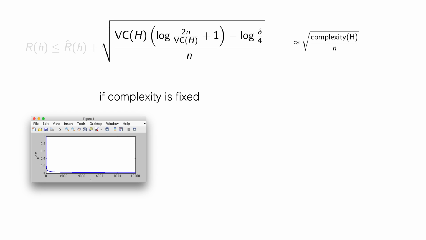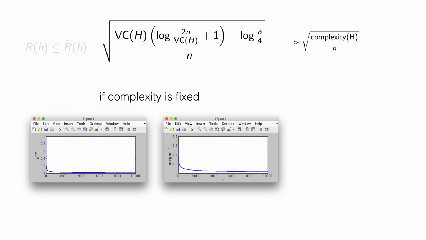And if we are worried about the log term, this is what it would look like with a log n in there. So this is the square root of log n over n, and it's roughly the same shape. Obviously, the log n makes some difference, but in many settings, especially if n gets much larger than this, it becomes negligible.